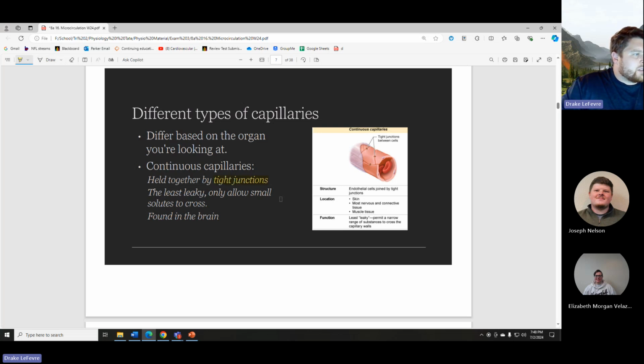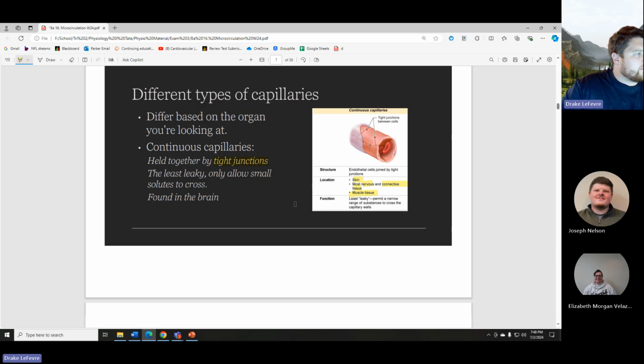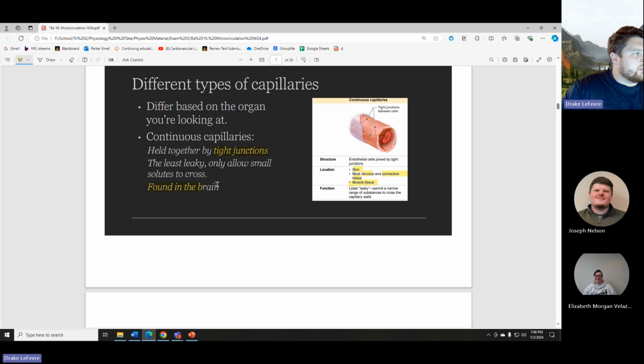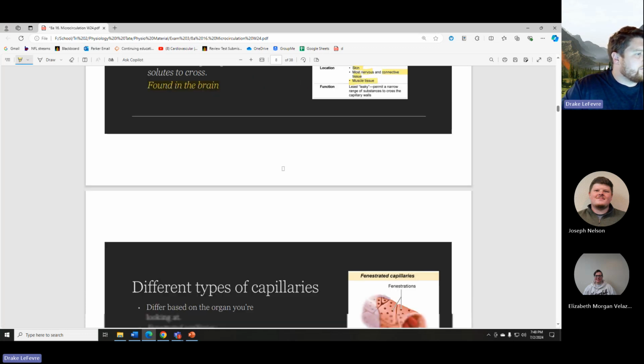They only allow small solutes to cross. When we look at this, the skin, the nervous tissue, connective tissue, and muscle tissue are the least leaky. These are the ones that are least going to let stuff out of the capillaries. He has in here also the brain. So again, that nervous tissue.